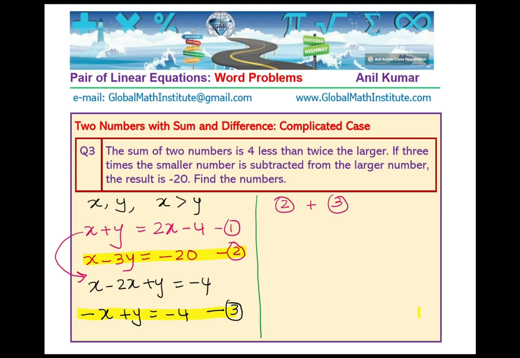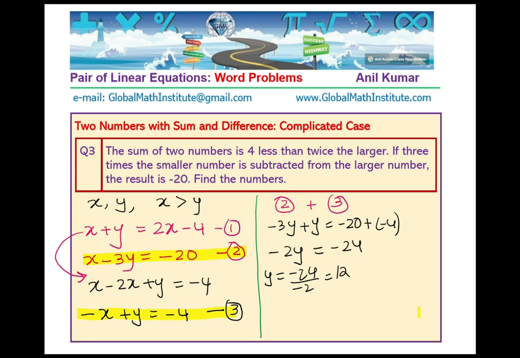Clear? So when you add, x minus x is 0, minus 3y plus y equals to minus 20 plus minus 4. Clear? So we have minus 2y equals to minus 24, or y is equal to minus 24 over minus 2, which is 12.